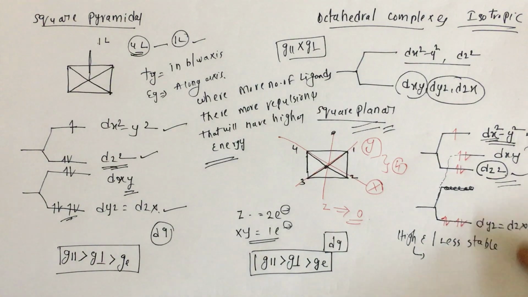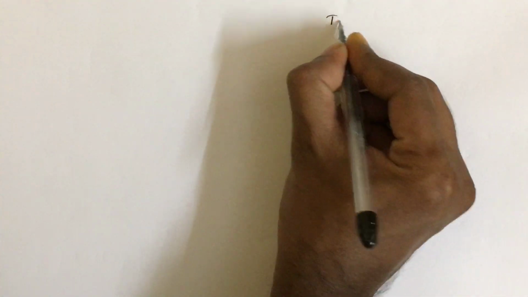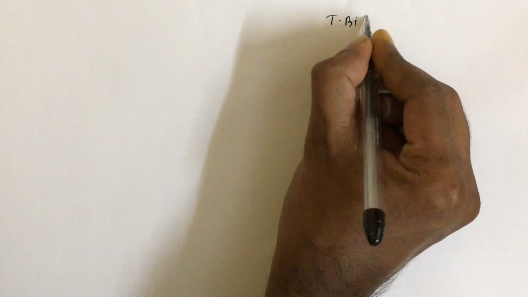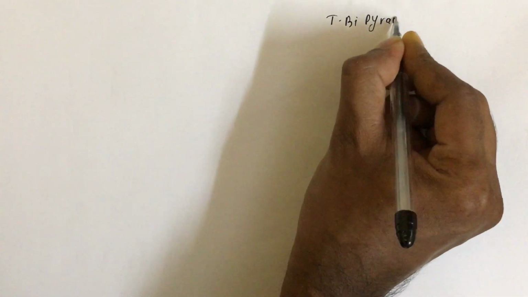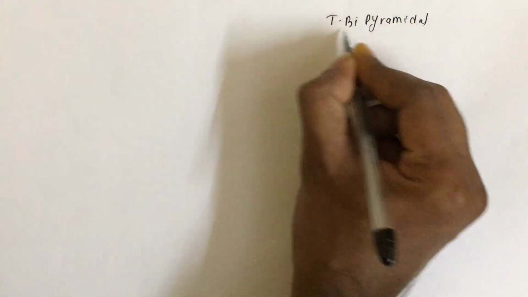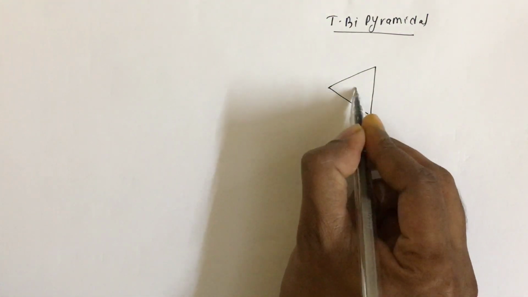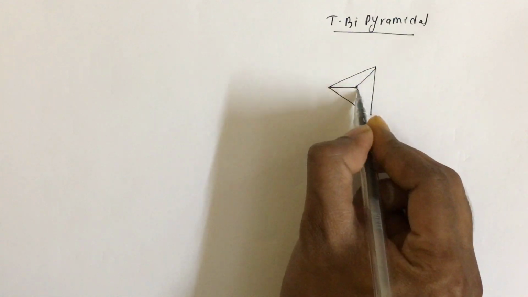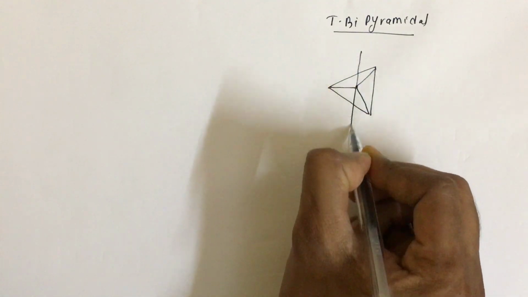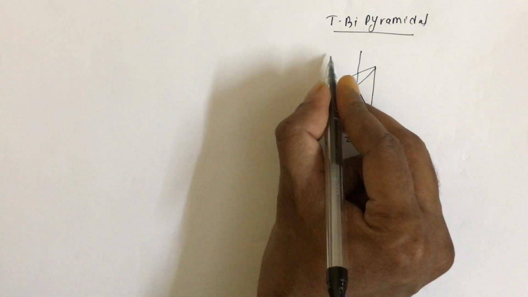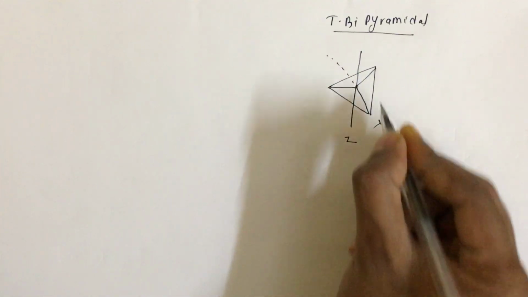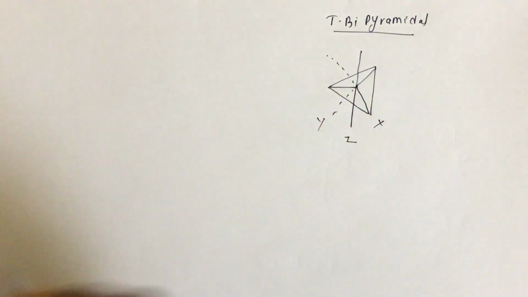So now we have 2 more systems. We have a trigonal bipyramidal system. This is very, very important. So this is the z-axis, this is the x-axis and this is the y-axis.